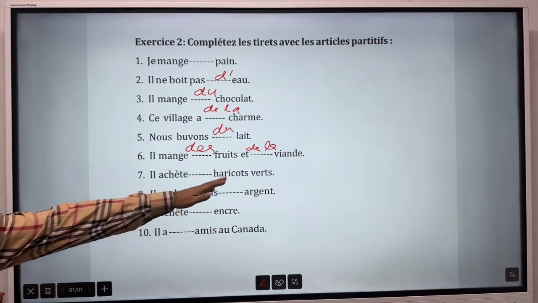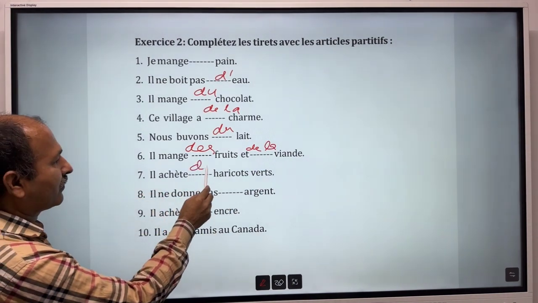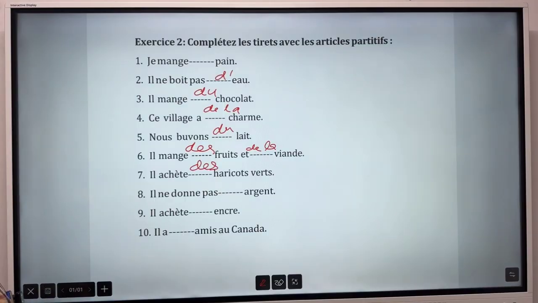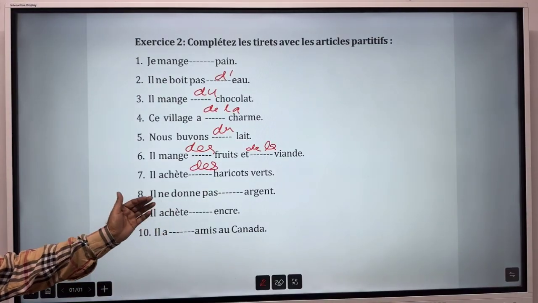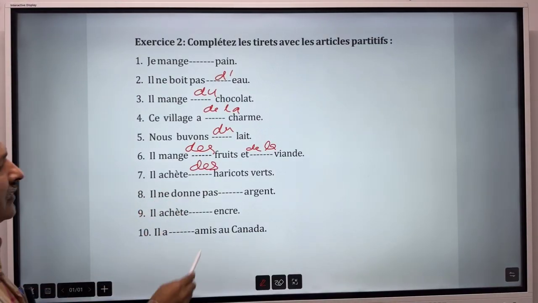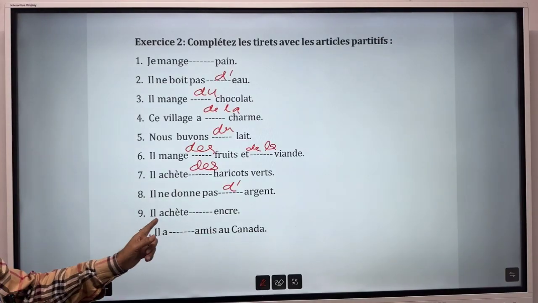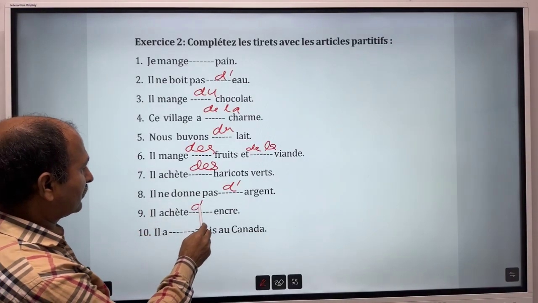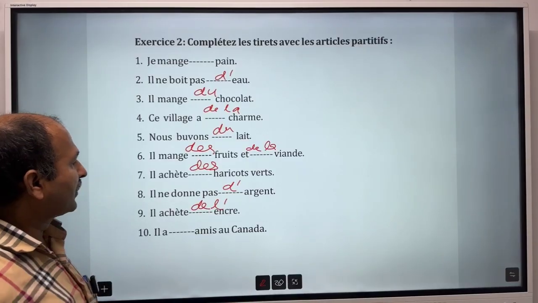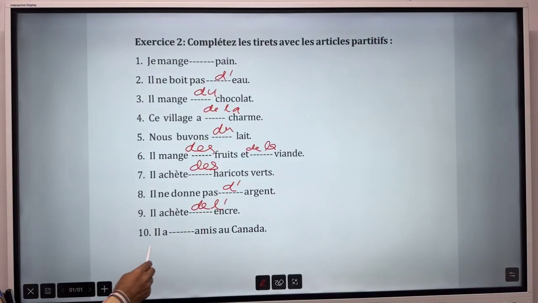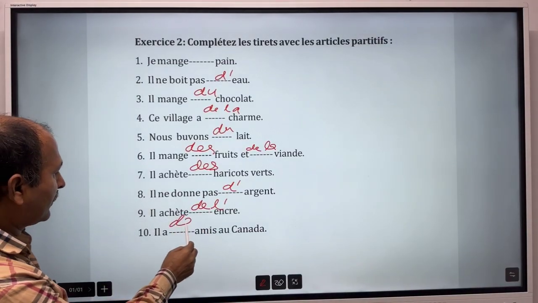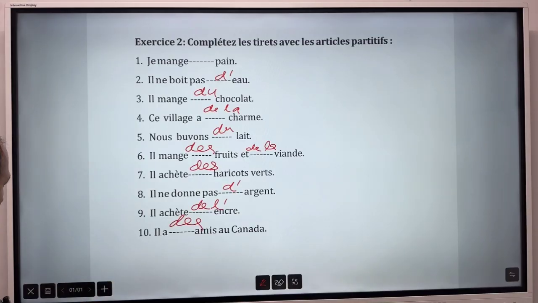Il achète, c'est plural, des haricots verts. Il ne donne pas d'argent. Il achète de l'encre, starting with a vowel. Il a des amis au Canada.